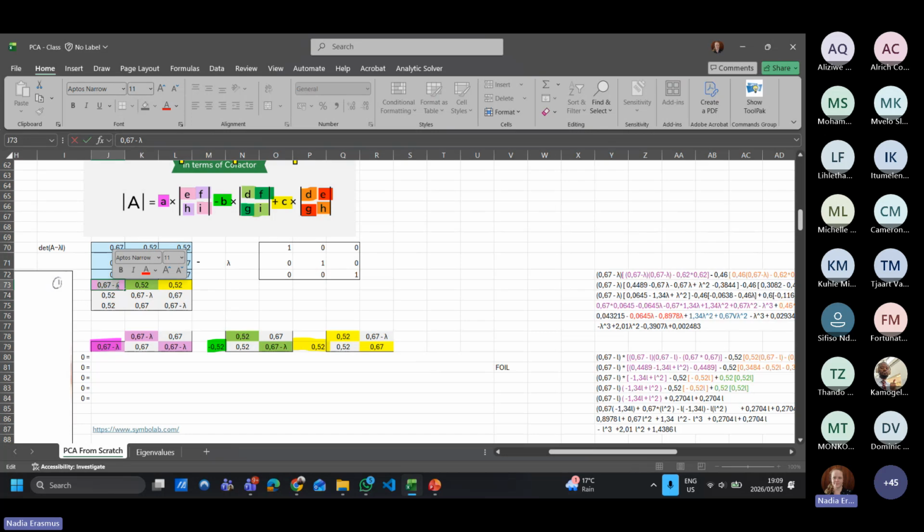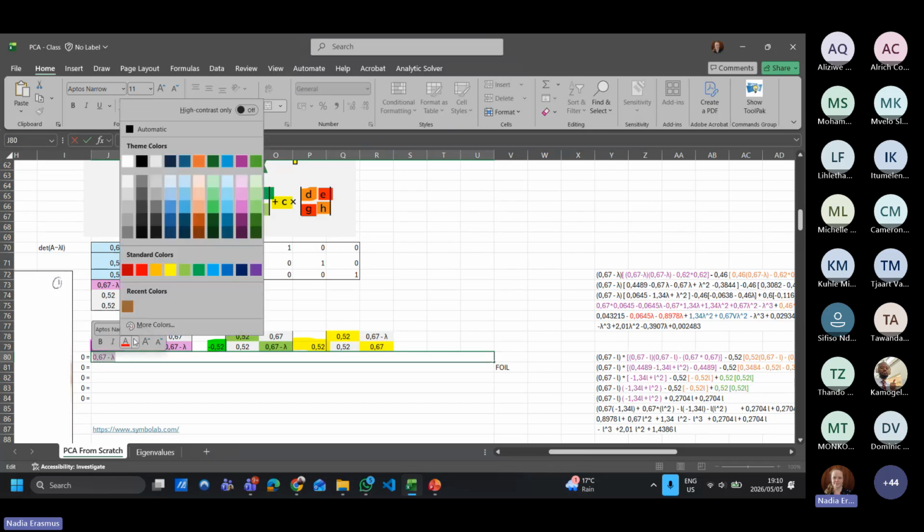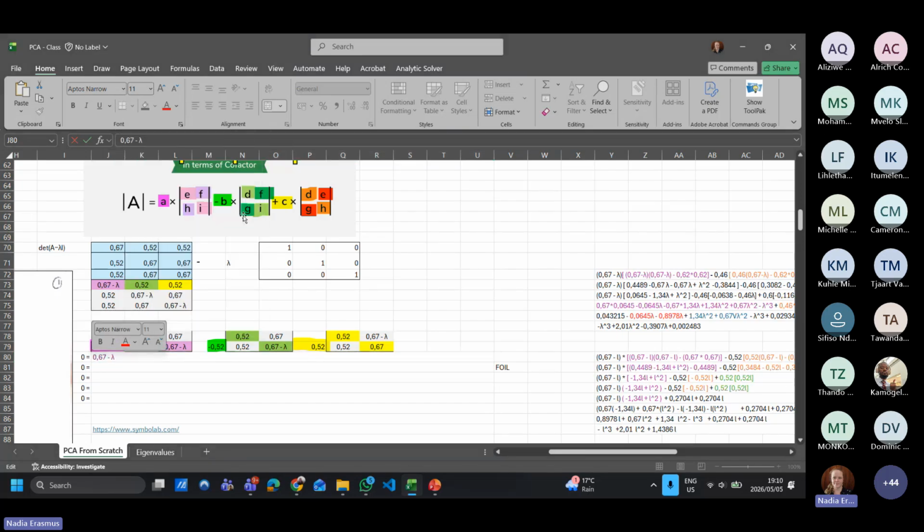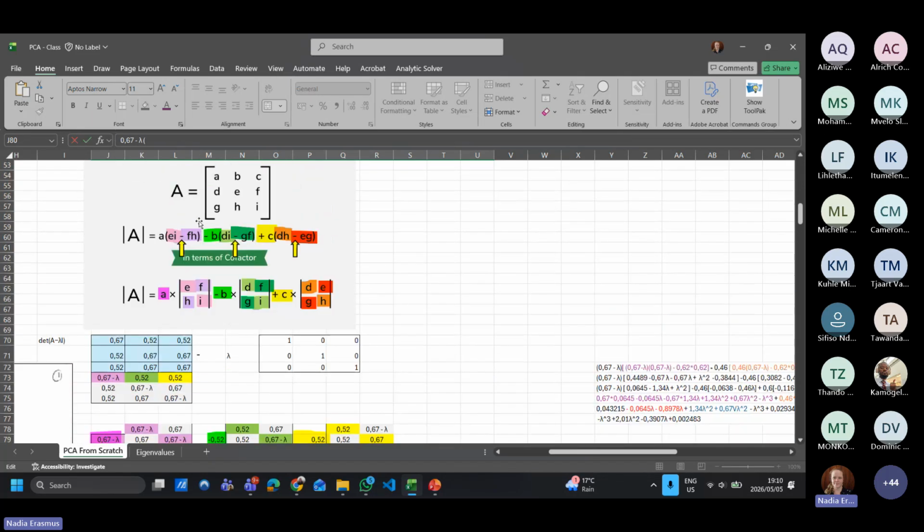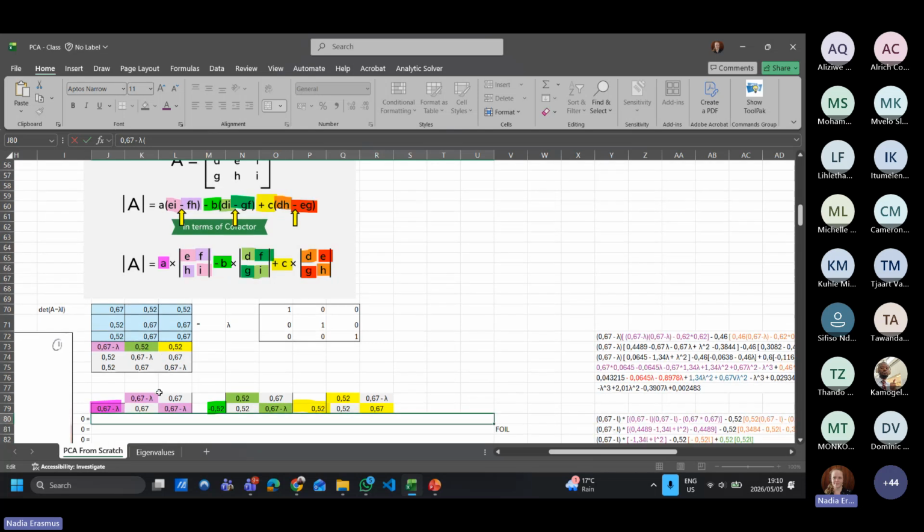So we're going to have, it's very hard to get this delta. Okay, so we have our pink values first. So we're going to make it pink. Okay, so we have our pink values and we are going to multiply it. So we're going to now multiply out this matrix.